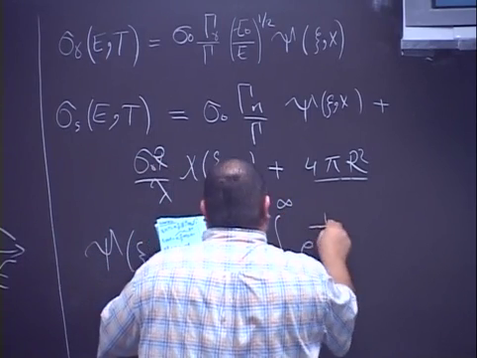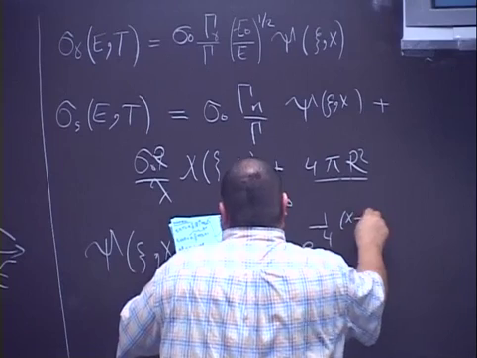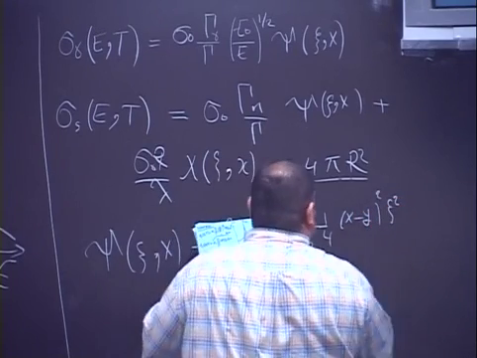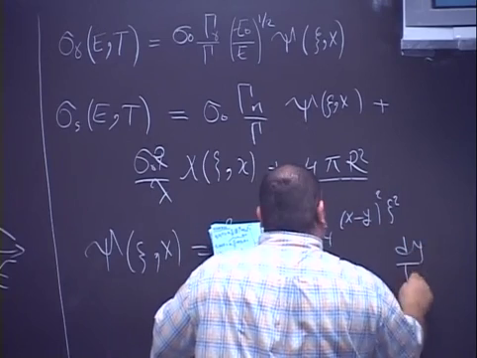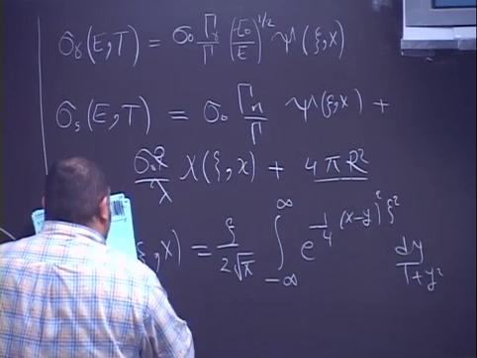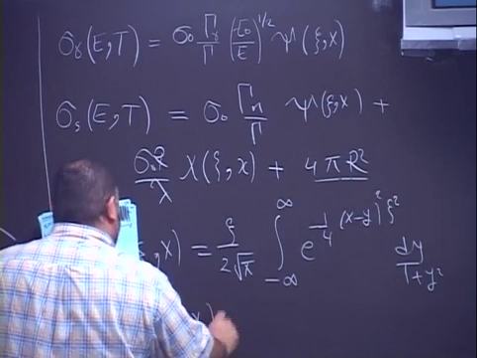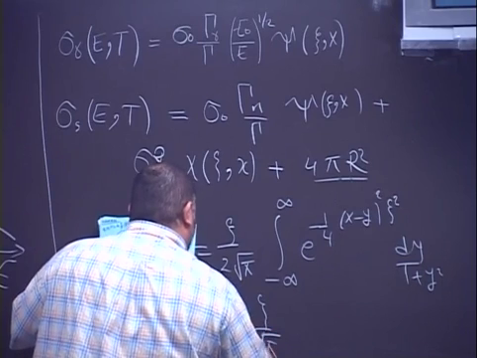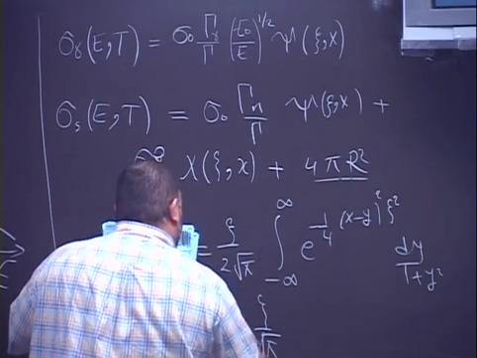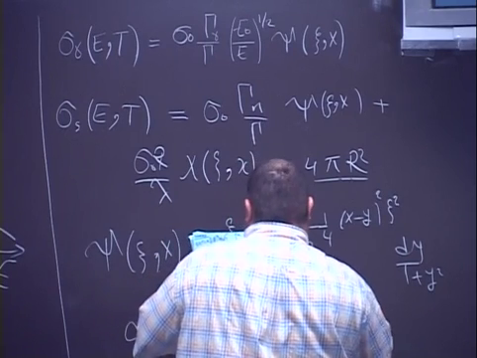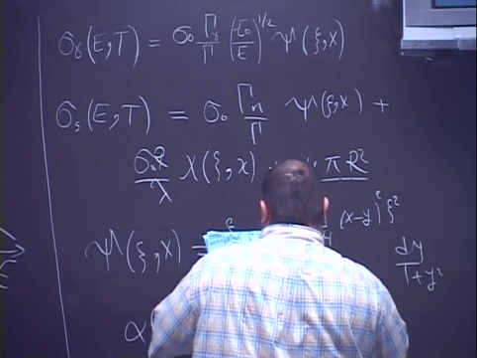E to the power of minus 1/4 (x minus y) to the power of 2, xi squared, dy over 1 plus y squared, and chi of xi and x is just xi over square root of pi multiplied by the integral from negative infinity to infinity of e to the power minus 1/4.